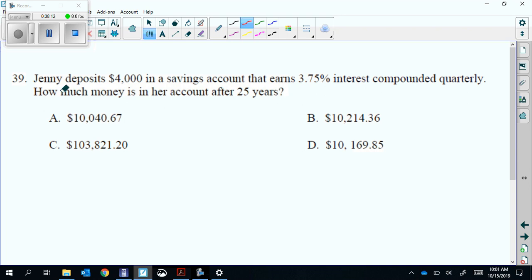Jenny deposits $4,000. That is the starting amount. On all exponential formulas, starting amount goes first. Then it is earning, which means it is going up by this percent each year. So you do 1 plus that amount.